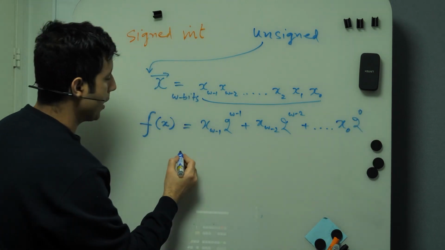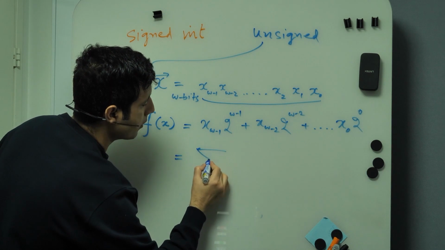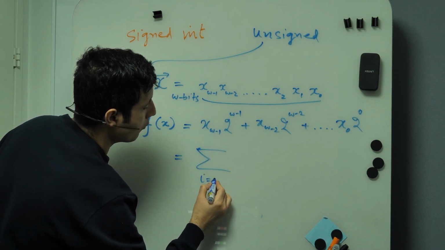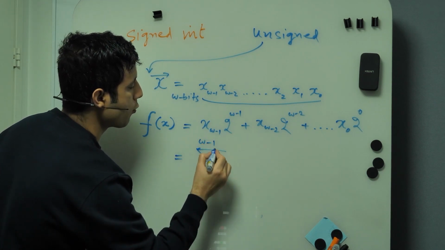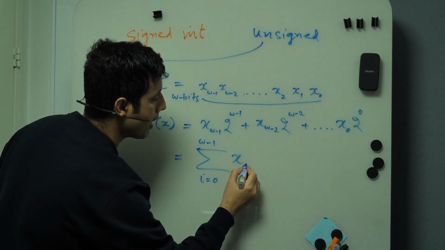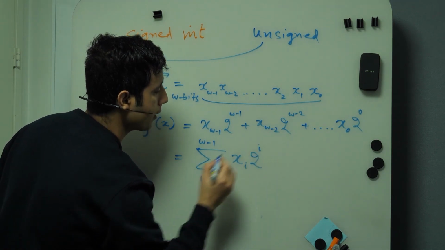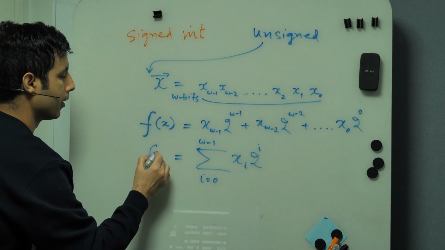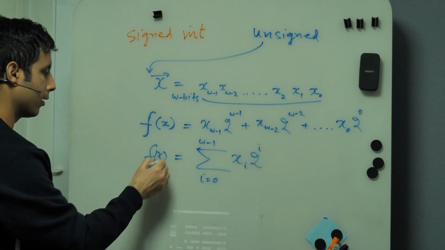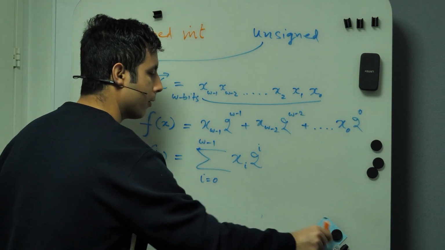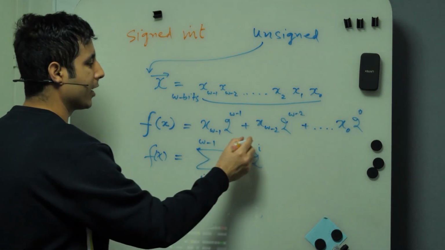Mathematically, you could write it as the summation of x i times 2 to the i, with i ranging from 0 to w minus 1. This is the mathematical formula for unsigned encoding.